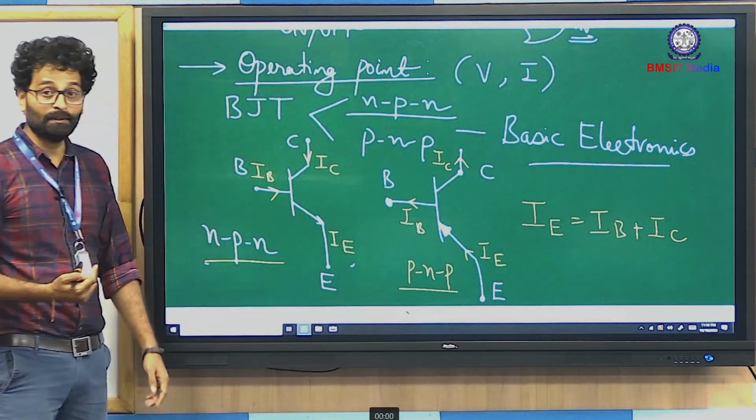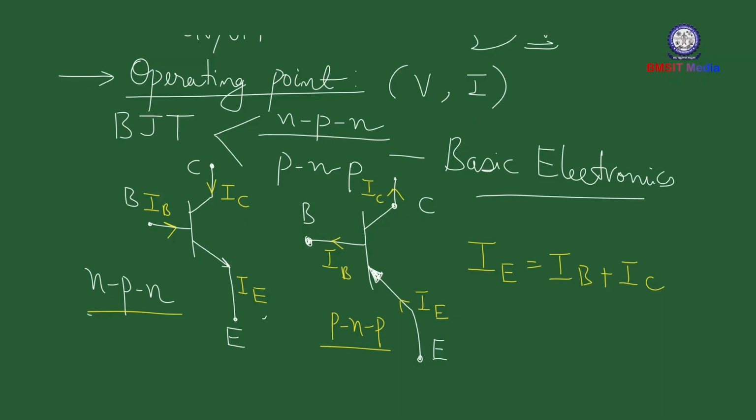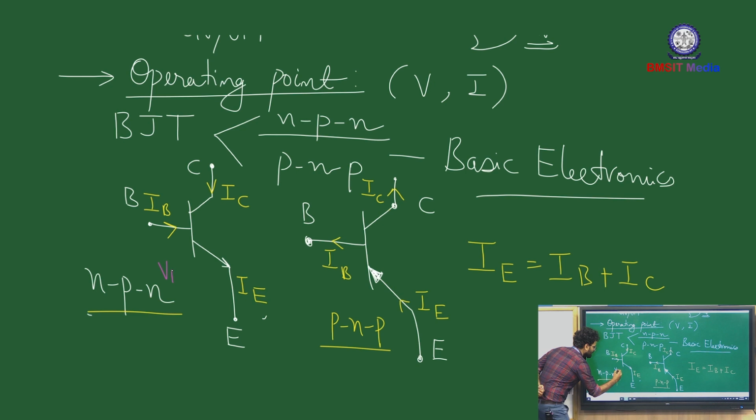Now let us talk about the terminal voltages. In a transistor, you are supposed to mark the terminal voltages as well. Between base and emitter, whatever voltage you trace, that is called the first terminal voltage, VBE. So you are measuring the potential difference between base and emitter, assuming that base is at higher potential and emitter is at lower potential.